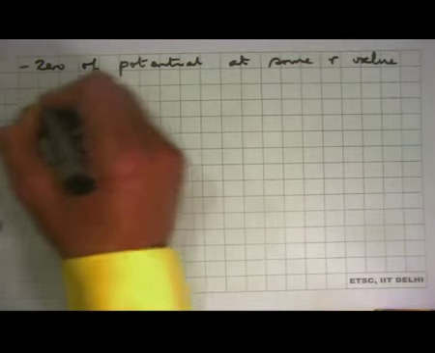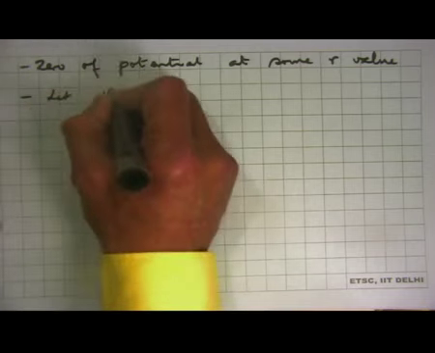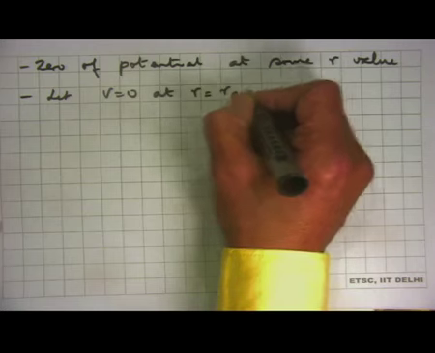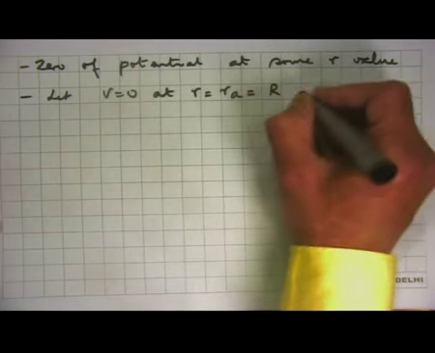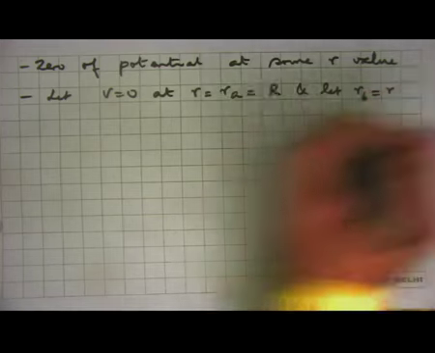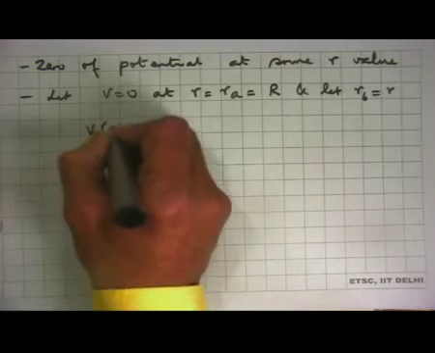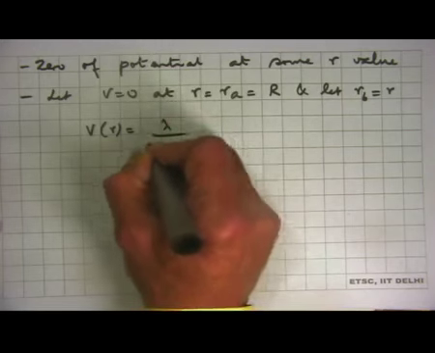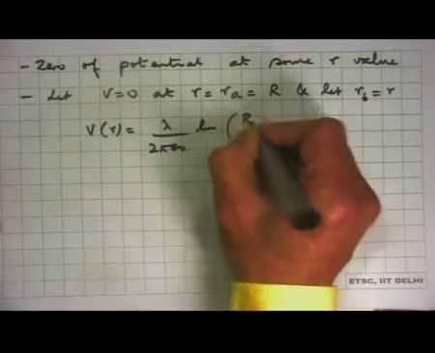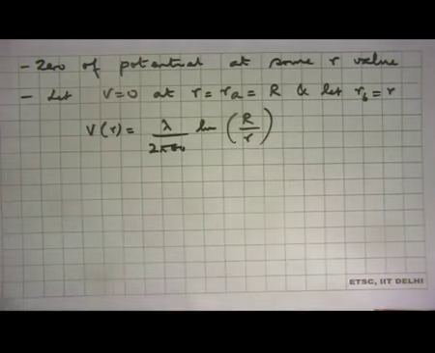So, let V be equal to 0 at r a equal to capital R, and we let the final point be r. So, we will get V of r is equal to lambda by 2 pi epsilon 0 log of capital R by small r.